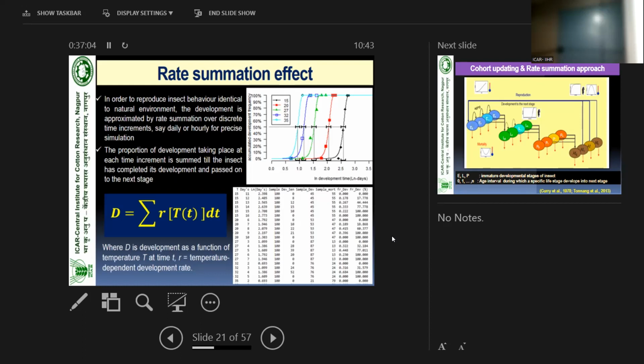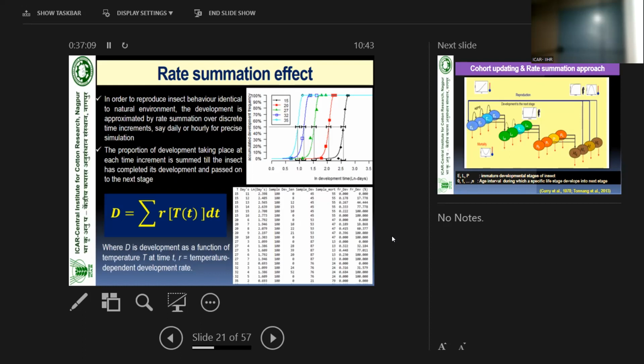Hatching is 45, and the dead, the mortality, is 55. Sample mortality is 55%. Out of 100, 45 hatched at 15 degrees Celsius and 55 died.